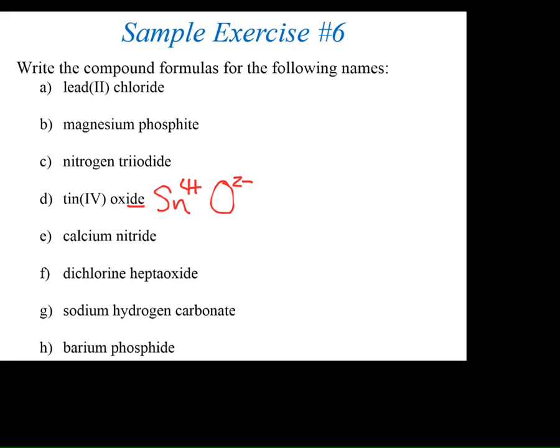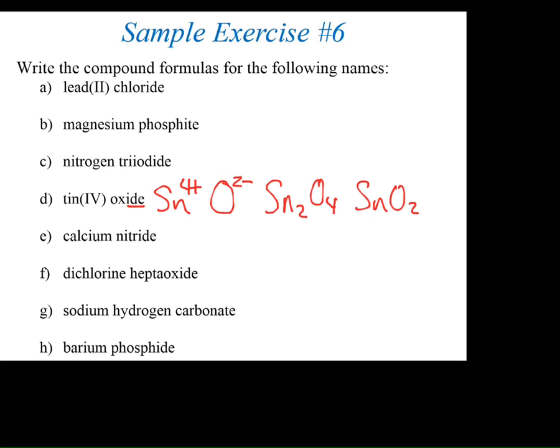Now sometimes I know students will do the crossover rule first here, and they'll do Sn2O4. But you can't stop there. Why not? Why is that wrong? Because you've got to reduce 2 to 4 down to the simplest ratio, which is 1 to 2. So 2 negatives makes 4 negatives, balancing out that 4 plus, so 1 to 2.